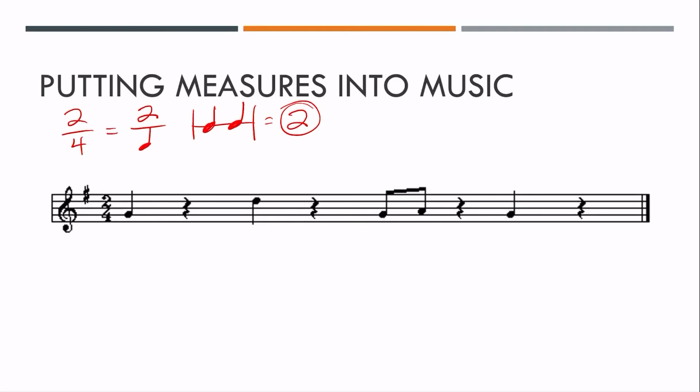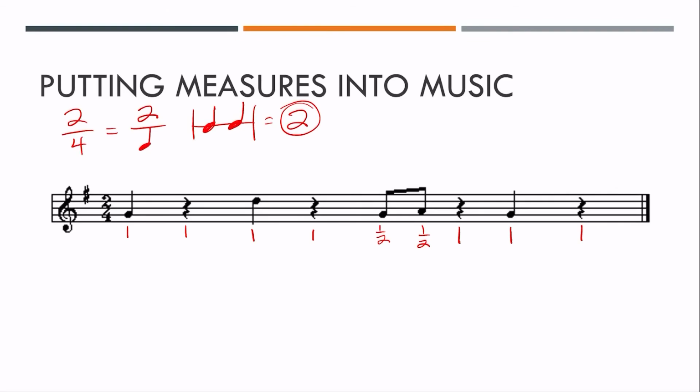So let's go through and label our note values again, okay? We have a quarter note, which is 1, a quarter rest this time, which is worth 1. We have eighth notes, which are worth half and half.